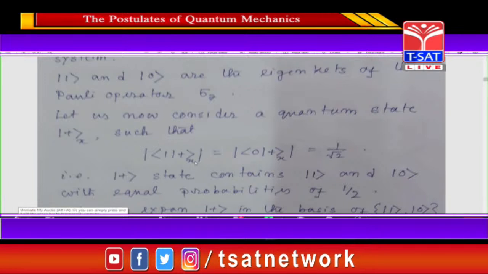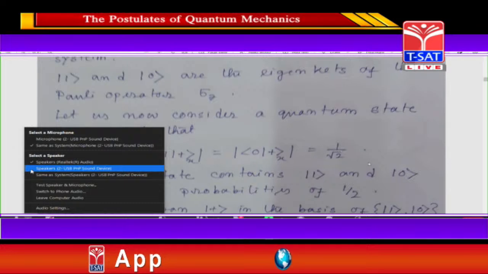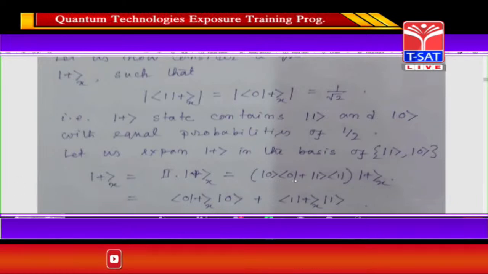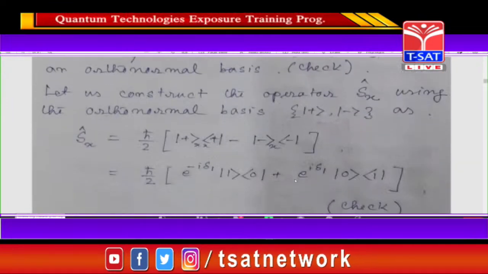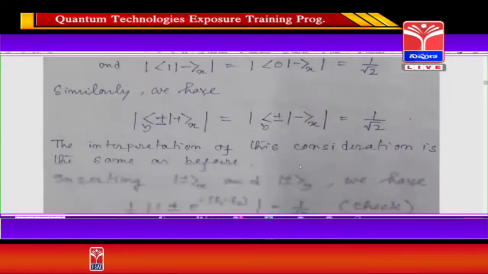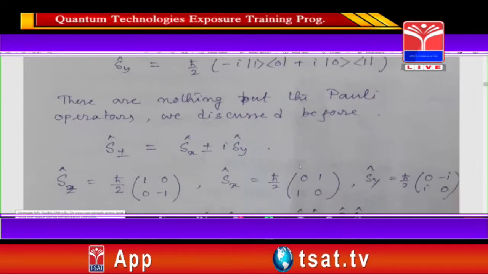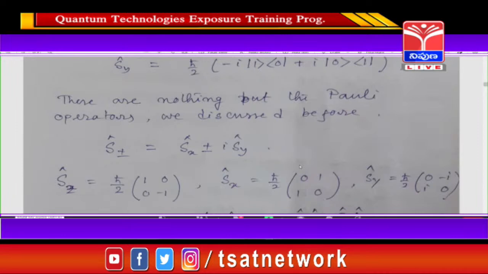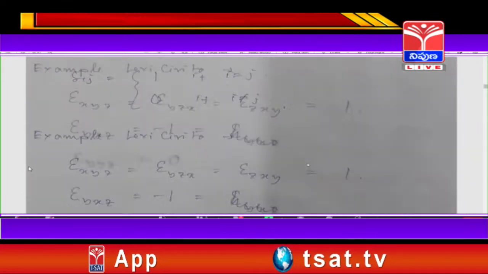So this inner product ⟨1|plus⟩ and ⟨0|plus⟩, you can calculate easily, these properties. I am not discussing it.